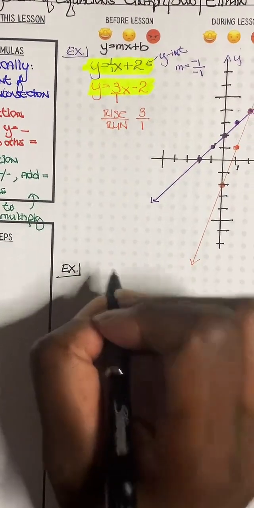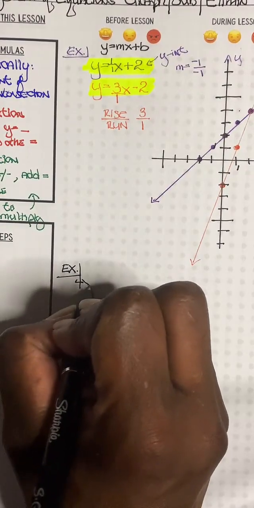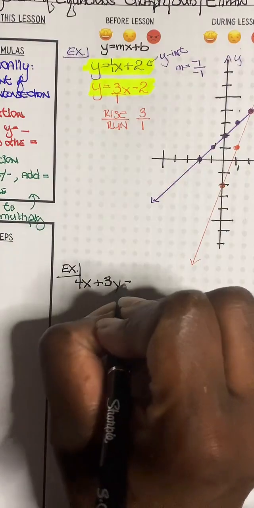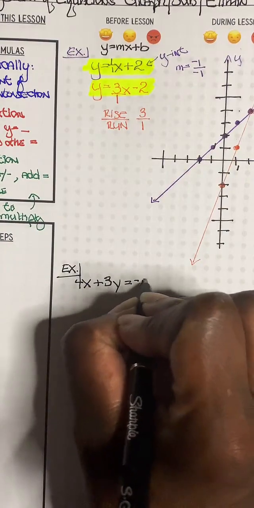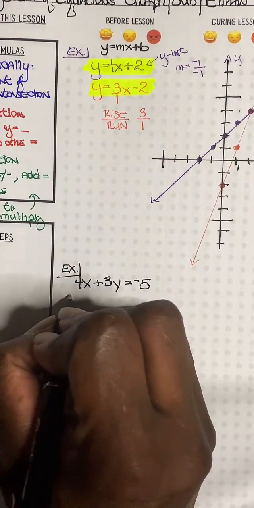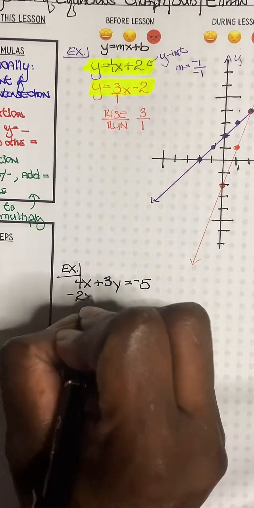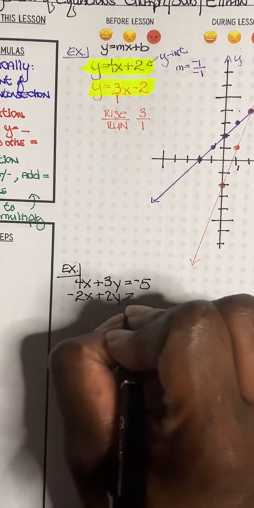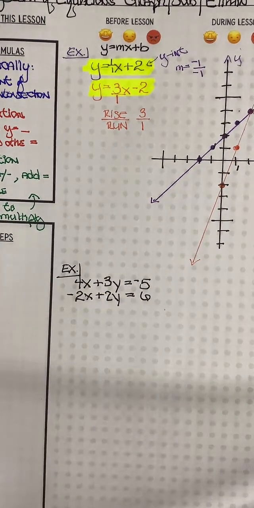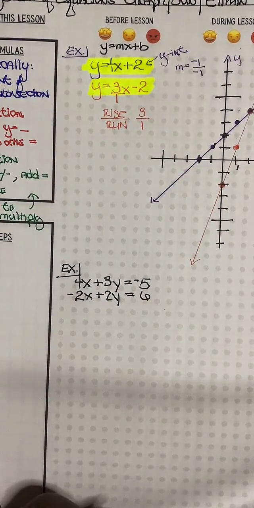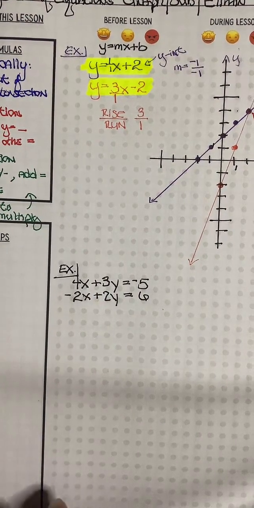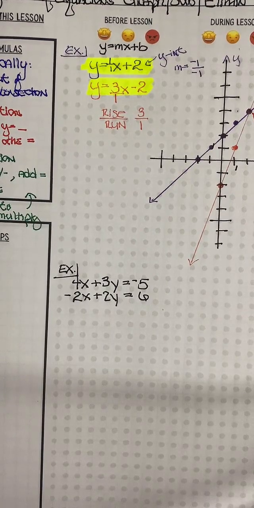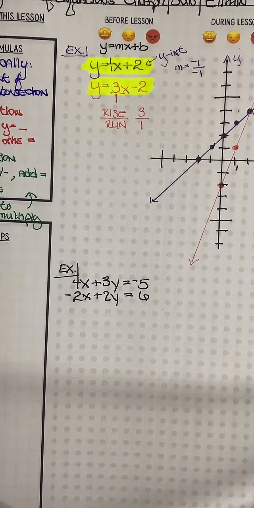Let's see if we had 4x plus 3y equals -5, and then we have -2x plus 2y equals 6. Okay. For Algebra 1 honors, you might have 1 or 2, Matthew. So this might help you a little bit.